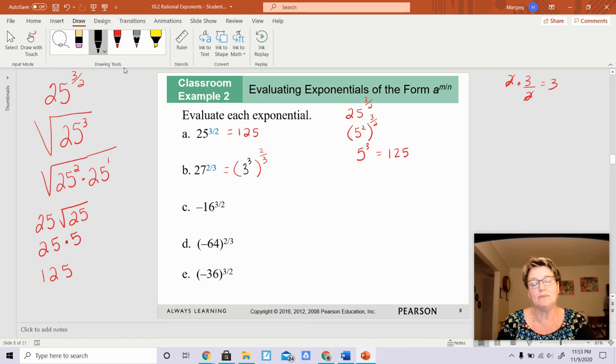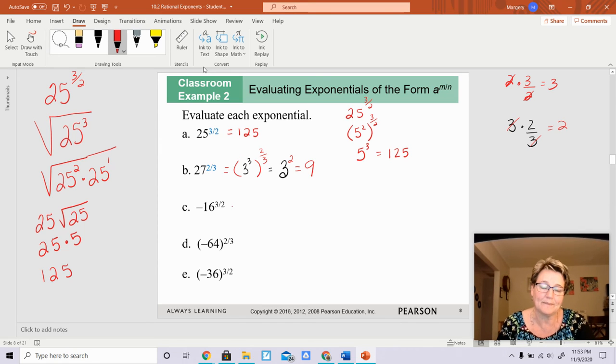Now, when you raise a power to a power, you multiply the exponents. So that's going to leave me with 3 times 2/3. What happens is the 3's cancel, and you're left with a 2. So that's going to give me 3 to the 2nd power, which will give me 9.